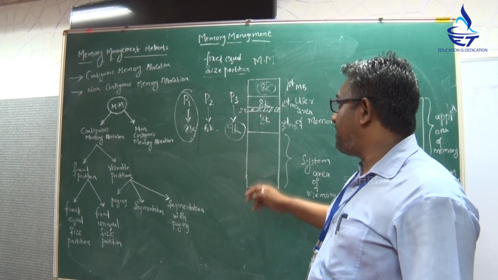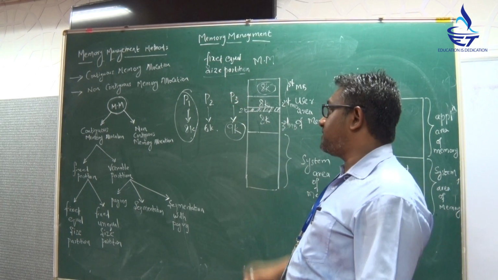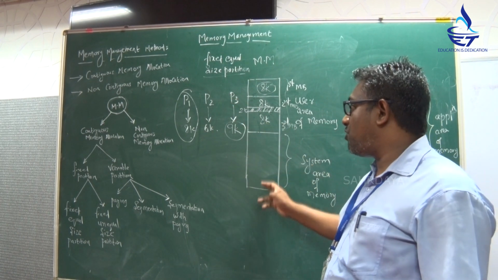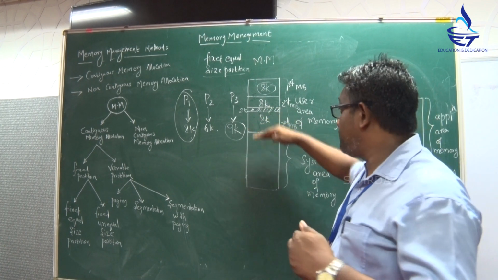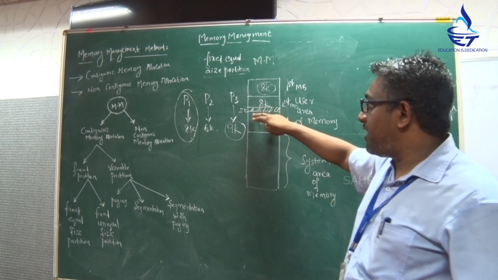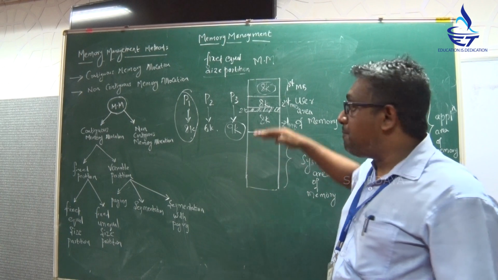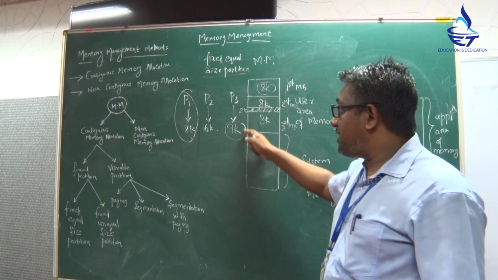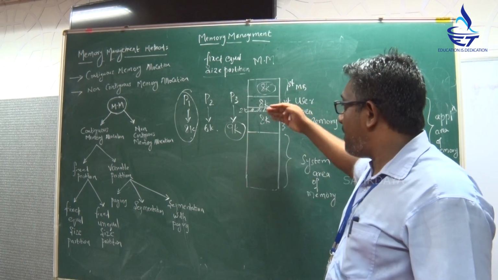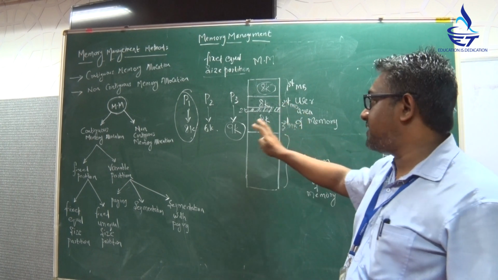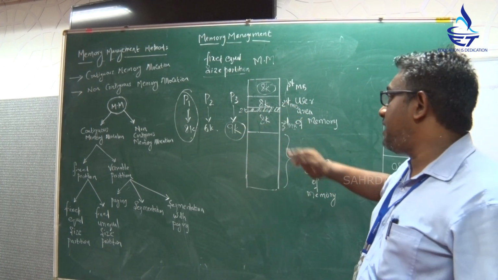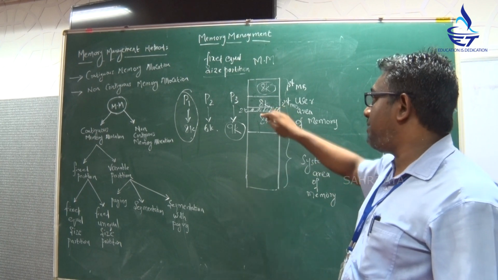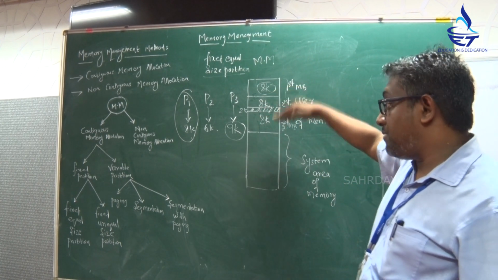And here you can see that in the third case, P3, we have a sufficient amount of memory, 8K and 2K. The 2K is not part of the third memory block. The 2K is part of the second memory block, but that is not contiguous. So we cannot place P3 directly because P3 needs 9K, but we have only 8K; 2K more memory is there, but we cannot use that.